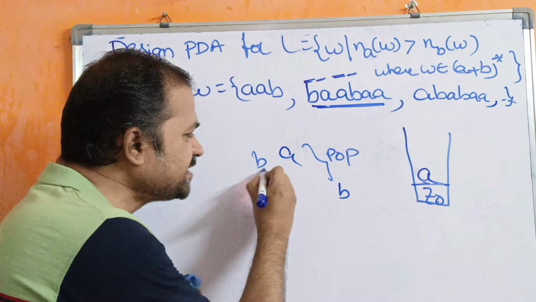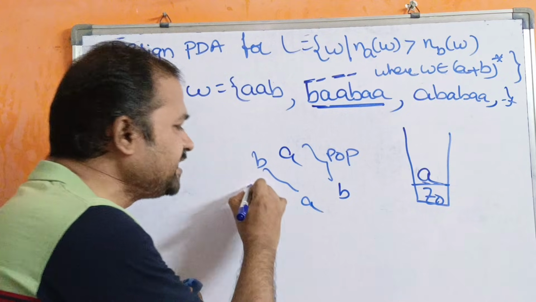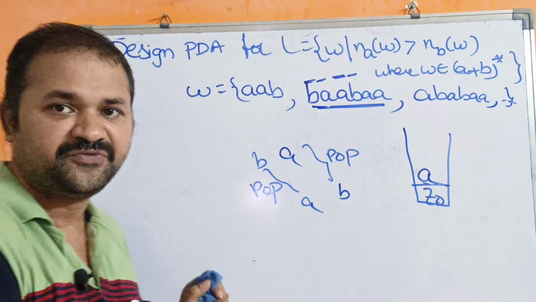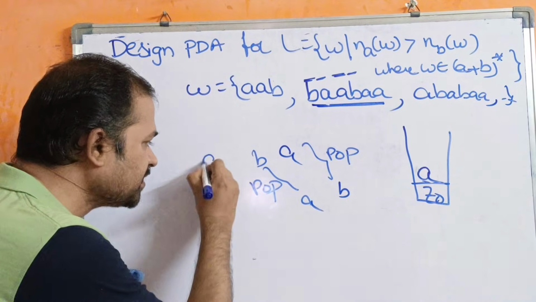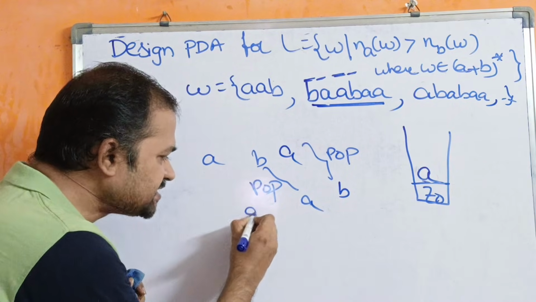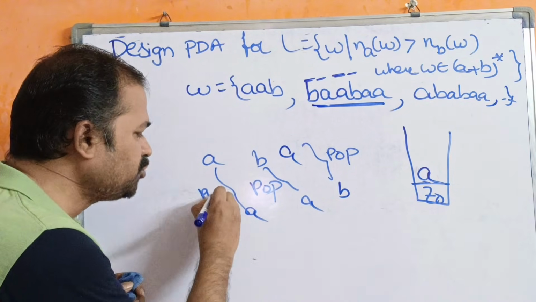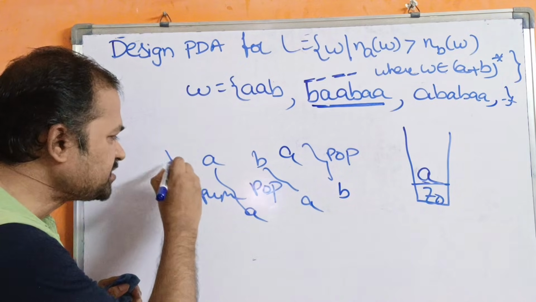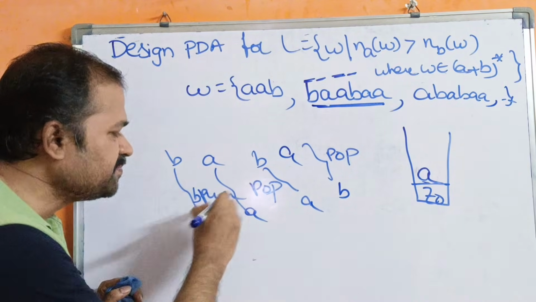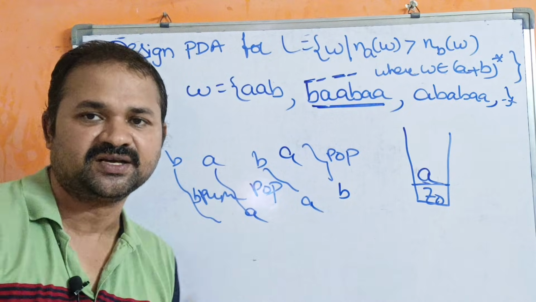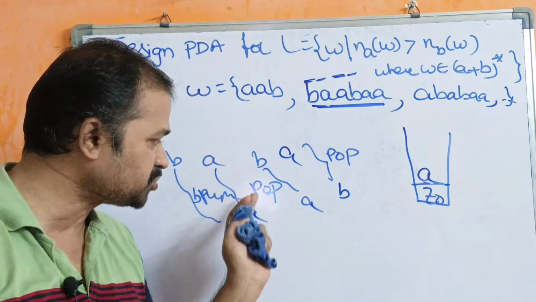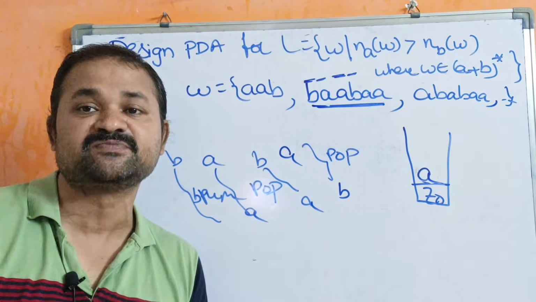If the input symbol is B and the stack's topmost symbol is A, then pop. Whereas if the symbols are the same, input A and topmost A, then push. If input B and topmost B, then push. So same symbols means push, whereas different symbols means pop.